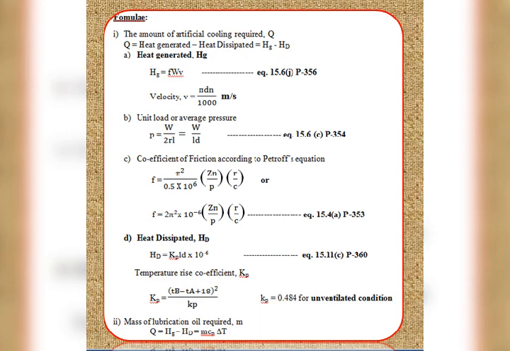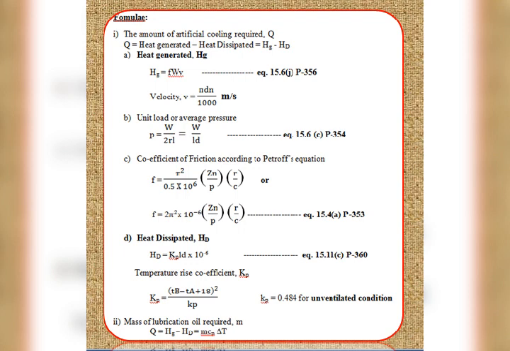Now we must list out the formula required to solve this particular problem. The first unknown is the amount of artificial cooling required, Q. So in the previous problem we practiced with another method, that is a flow variable. But here we are supposed to go with another method.